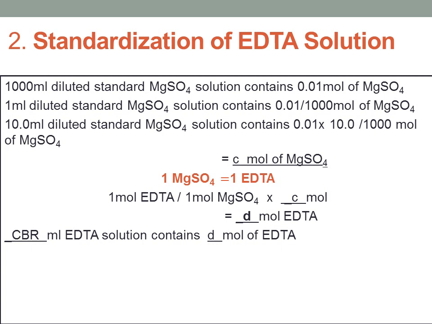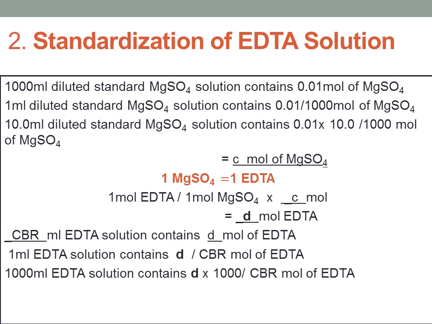So how many moles will be in 1 ml? D will be divided by your concordant burette reading. So that is the mole of EDTA in 1 ml, and then you have to find out how many moles the 1000 ml EDTA solution contains. So D will be multiplied by 1000 and then divided by your concordant burette reading.